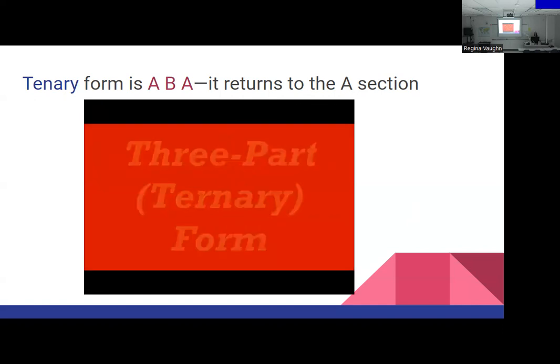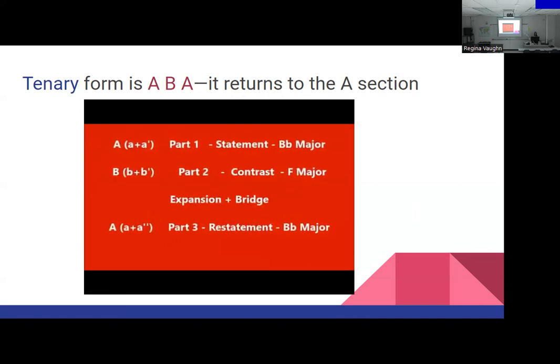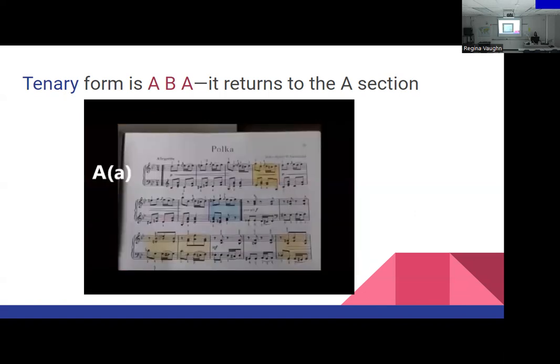Oh, I spelled ternary wrong. I just realized. Sorry. Just kind of giving you the breakdown of what we're going to hear. Here's the B section.